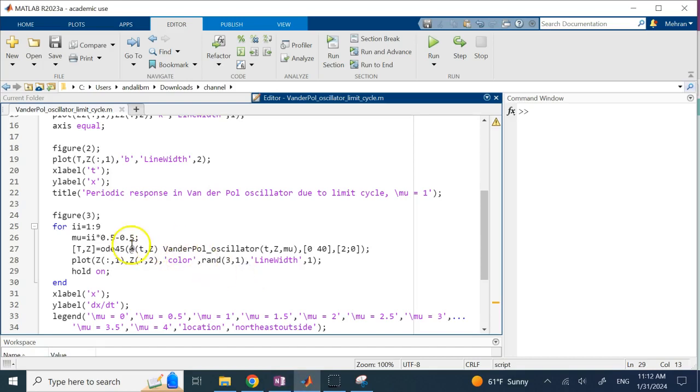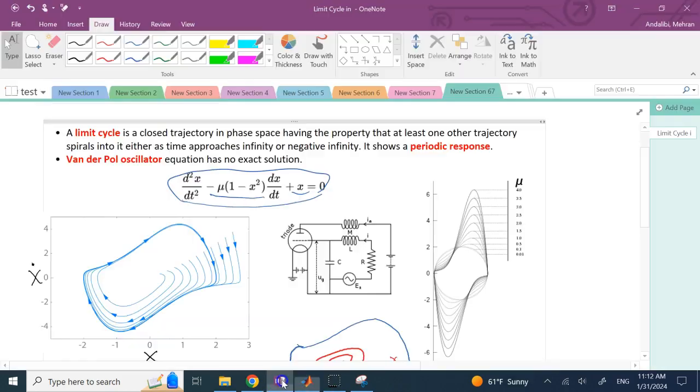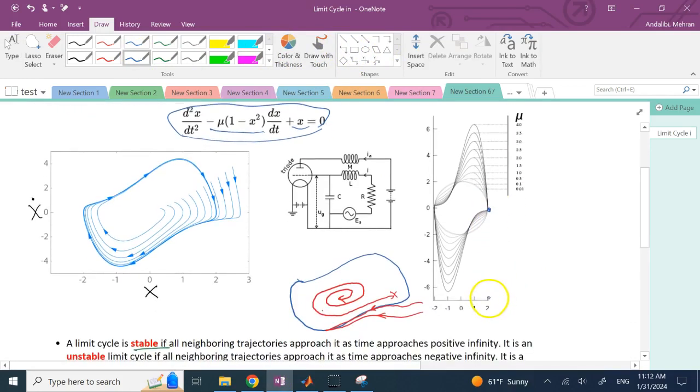So here you see I change my mu every time I pass that mu, and the initial condition for all of them I started at 2 and 0. And the reason is you can see that these all different limit cycles, all these different curves, they all kind of share this point here, which is basically like 2 and 0.